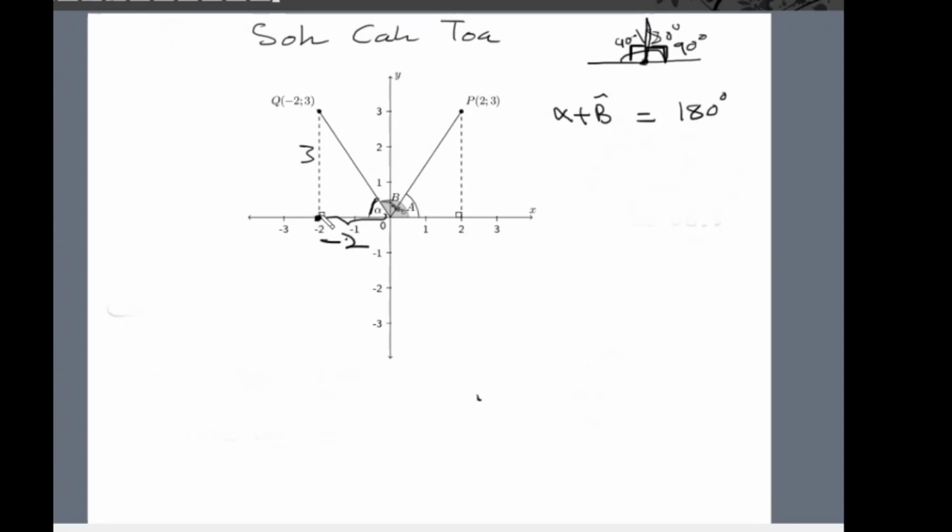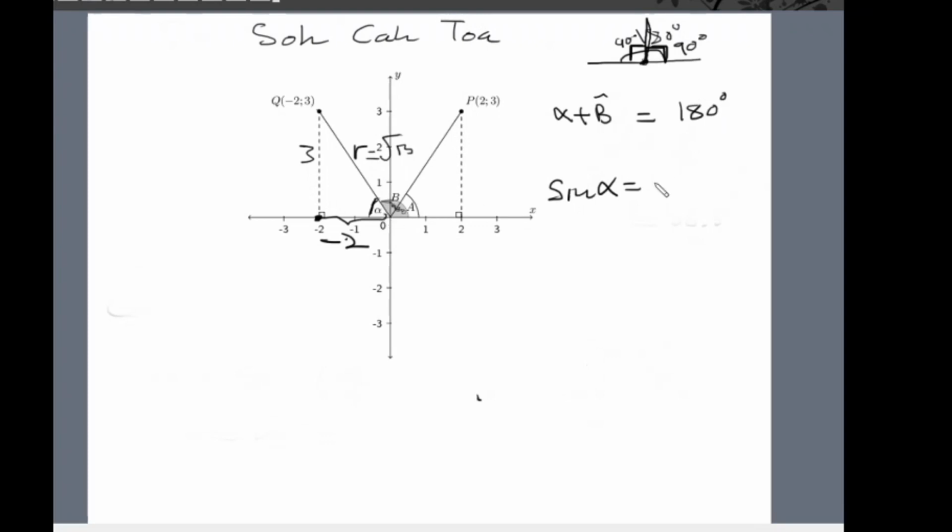And then when we define our trigonometric ratios, this is still the hypotenuse, that is still r. Let's go back to SOHCAHTOA. Sine alpha is opposite over hypotenuse. Our hypotenuse is equal to the square root of 13.